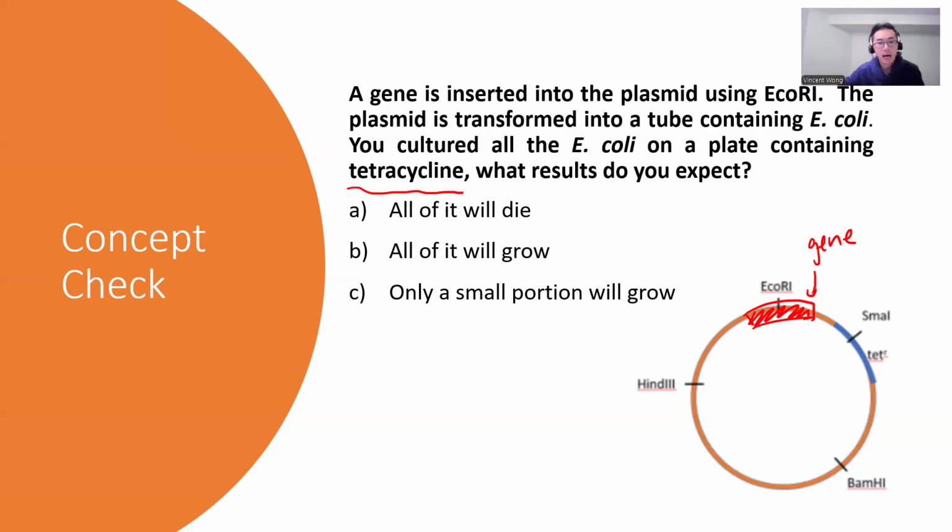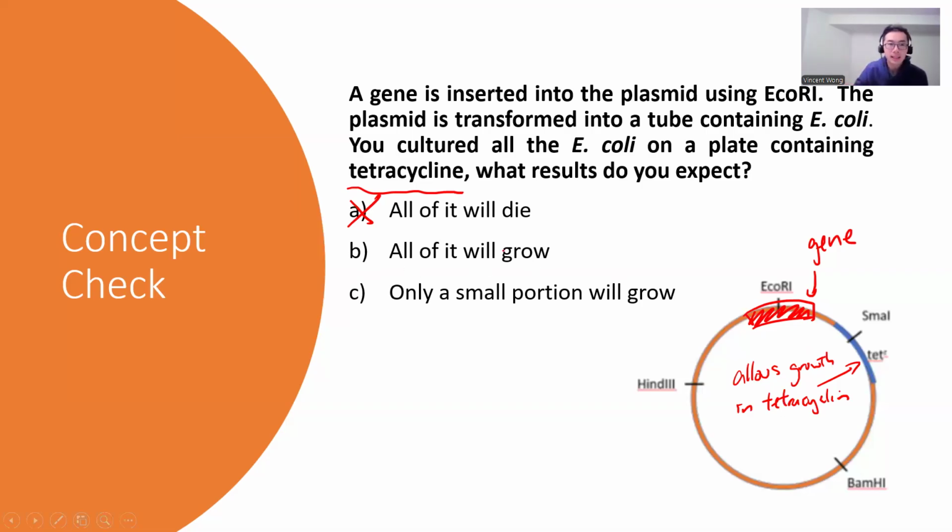All right. Well, definitely it will not be this one, because if they accept the plasmid, they have the tetracycline resistance gene here, which allows growth in tetracycline. Will all of it grow?